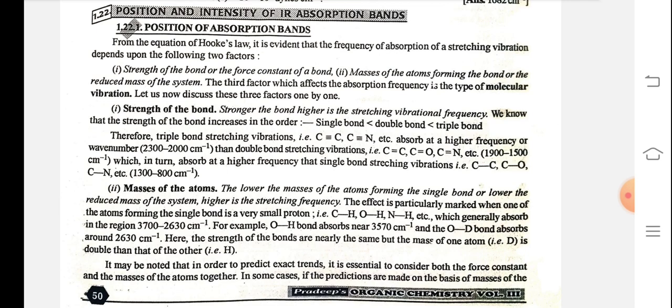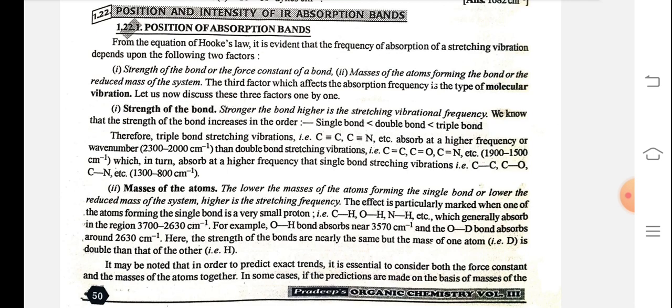Therefore, triple bond stretching vibrations, that is carbon carbon triple bond, carbon nitrogen triple bond, etc., absorb at a higher frequency or wave number than double bond stretching vibrations, that is carbon carbon double bond, carbon oxygen double bond, carbon nitrogen double bond, which in turn absorb at a higher frequency than the single bond stretching vibrations: carbon carbon single bond, carbon oxygen single bond, carbon nitrogen single bond.